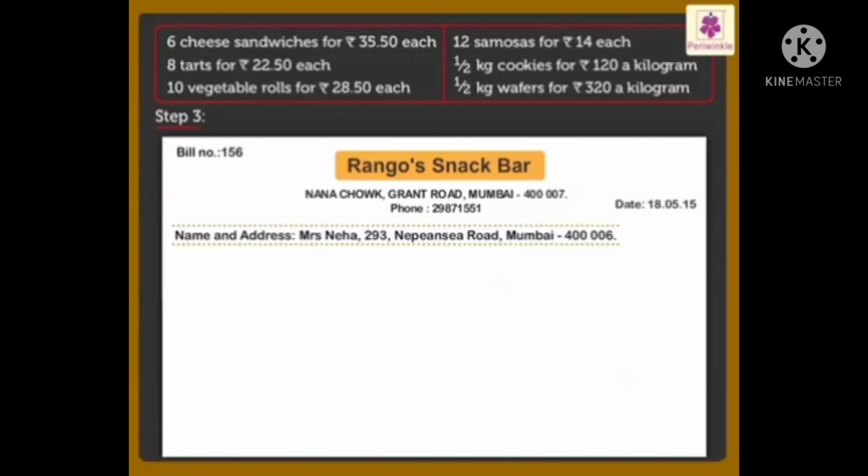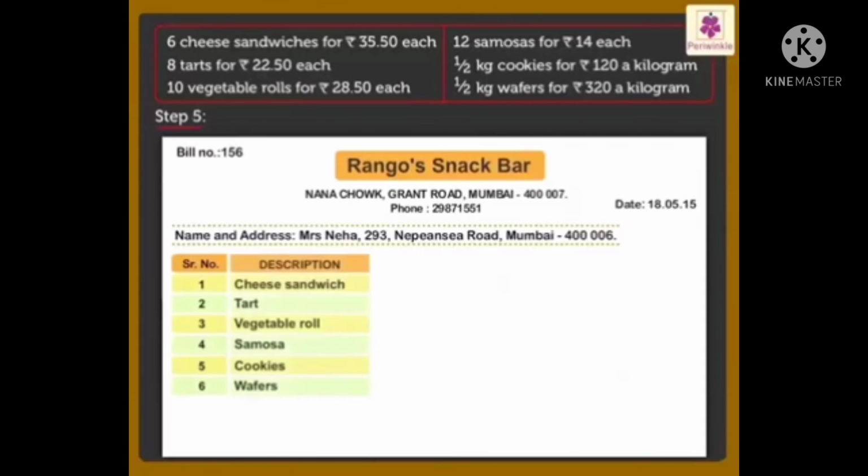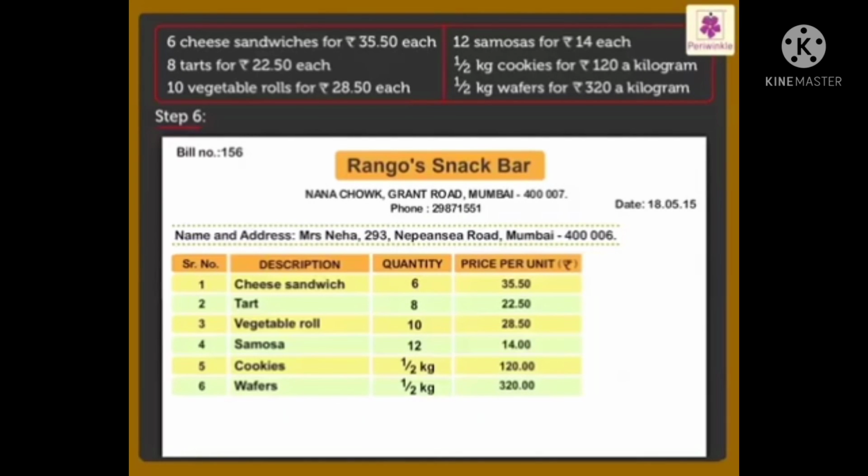Write the date on which the items are sold. Step 4. Now, write the serial numbers of the purchased items. Step 5. Write the name and quantity of items purchased. Step 6. Now, write the price per unit of the items purchased.